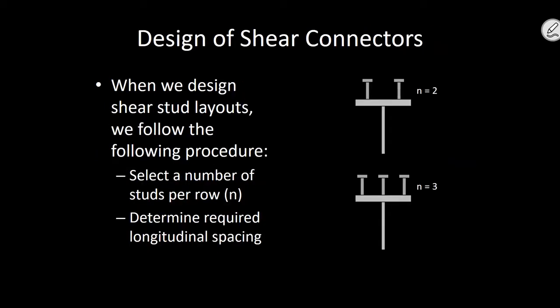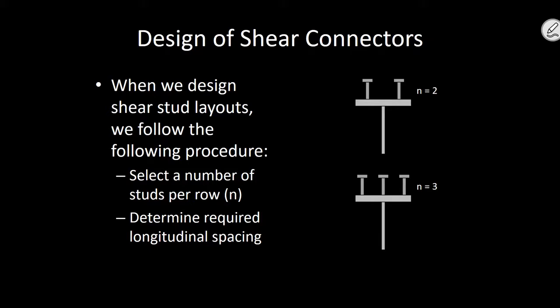All right. So when I mention studs per row, I'm going to use the term little n. If n equals 2, I'm talking about that image on the top, 2 studs per row. 3 studs per row would be on the bottom. Now, it stands to reason the more studs per row, the larger pitch I can use, and there is some truth to that.